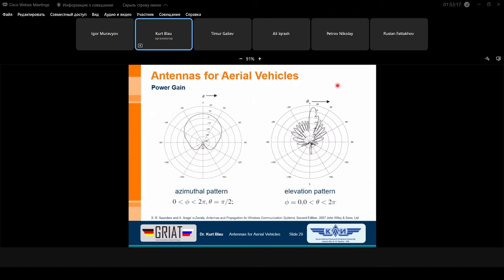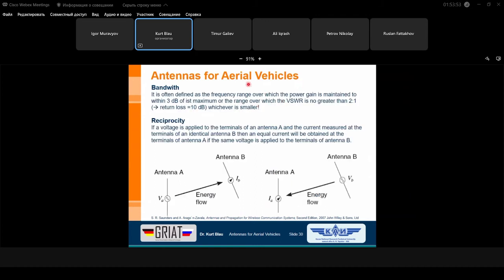In a lot of cases, or in most cases, we look down to the ground, because the other part of communication, the other side, receiving or transmitting, is located on the ground and not on a satellite. Also, a satellite is flying much higher than an aircraft or an aerial vehicle. But again, in most cases, the communication goes between aircraft and ground station.